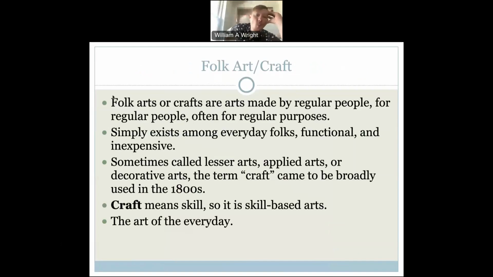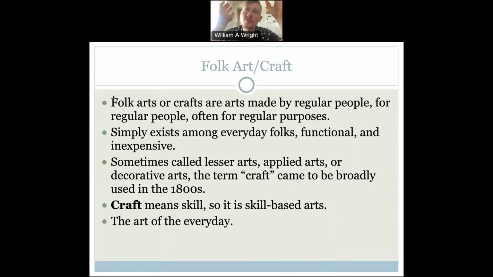So let's talk about what separates craft or folk art from capital A art. Of course, it belongs in capital A art, but it's its own specific thing. What makes it different than sculpture or other things? Folk art or crafts are arts made by regular people for regular people and often for regular purposes. This is not high-minded.